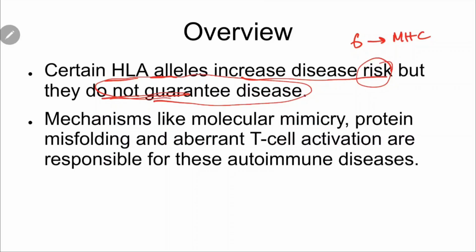So first of all, I want to explain what I meant by alleles. The easiest way to explain this is that all of us have an eye color, right? But all of us have a different eye color. Someone can have blue, someone can have black, someone can have brown.